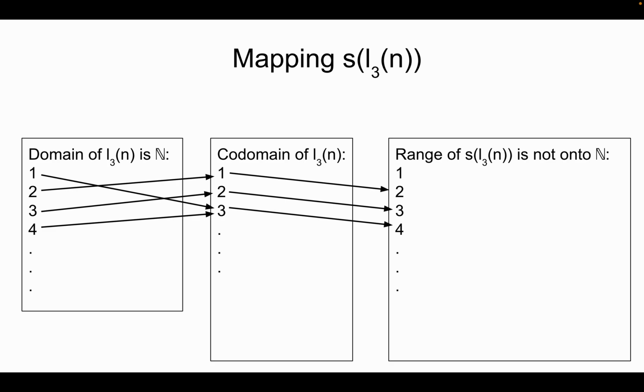When we apply the S function, 1 would map to 2, 2 would map to 3, 3 would map to 4. But again, in my S of L sub 3 of n, S of L sub 3 of 1 does not map to 1. And so, again, not a true inverse.